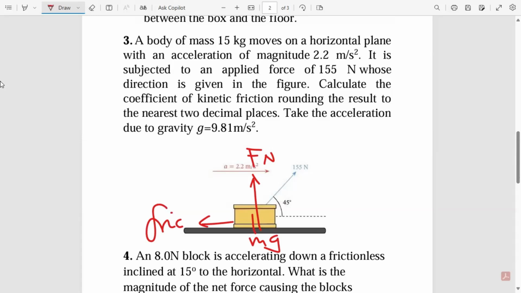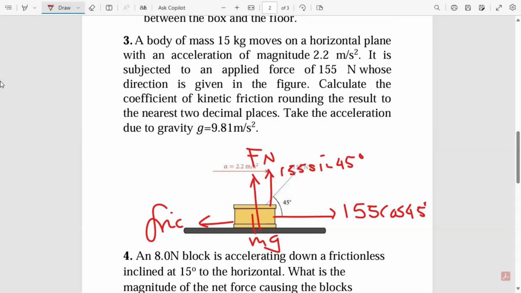The applied force, the 155, is applied at an angle, which means it's supposed to be resolved into its respective x and y components. So we're going to have the x component, which is adjacent to the 45 degrees, 155 cos 45 degrees there. Then in the y-axis, we're going to have 155 sine 45 degrees.